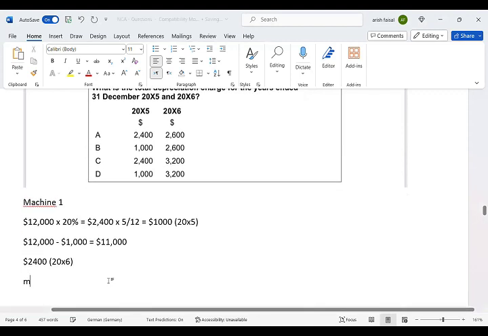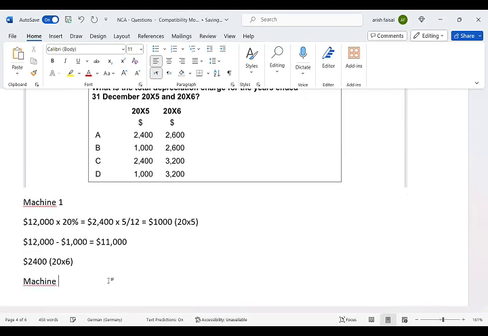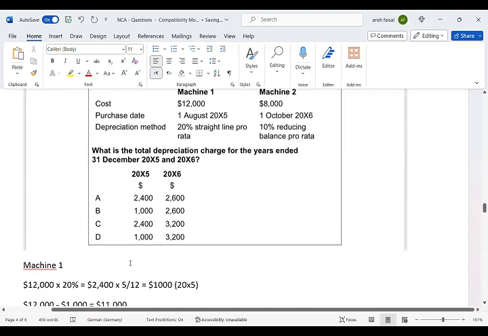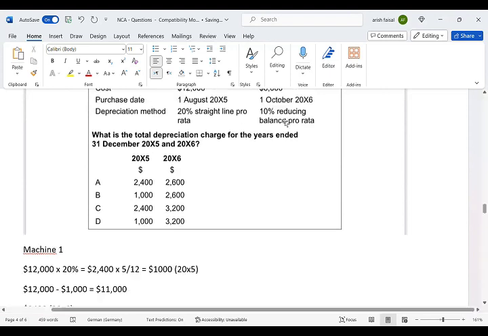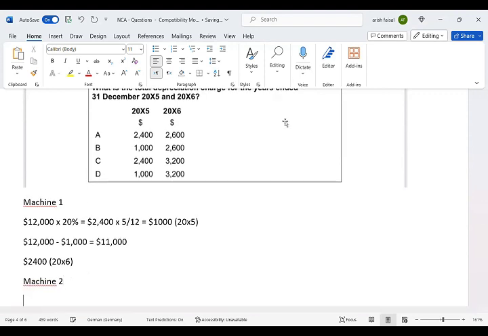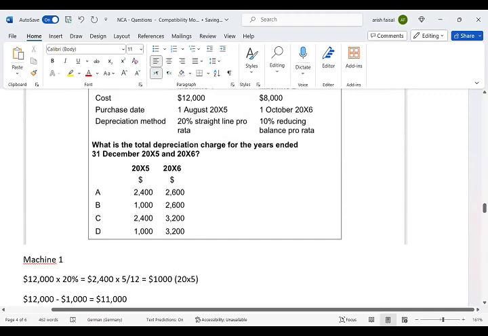Likewise, for machine 2, we don't have to charge any depreciation on this asset in the first year, 15, because we actually purchased it in October. So it has been from 1st October 2016 to 31st December 2016. So it was only there for 3 months. Okay. So 8,000 is the cost of that machine. Multiply by 10 percentage reducing balance.